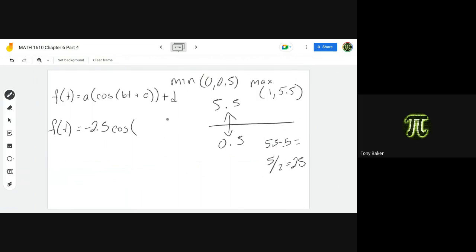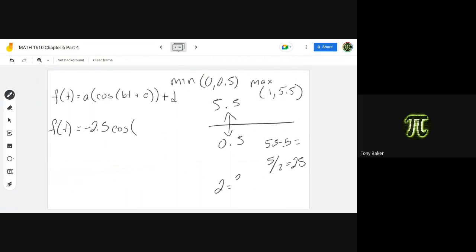All right, so now let's look for my period. From my minimum value to my maximum value is 1 second. Then from my maximum value back down to my minimum value is going to be another 1 second. So that means my period is 2 seconds.